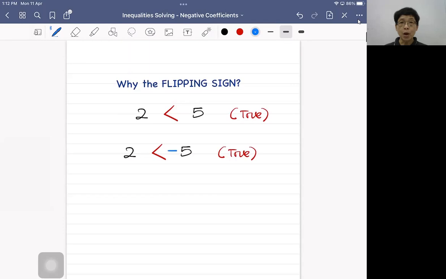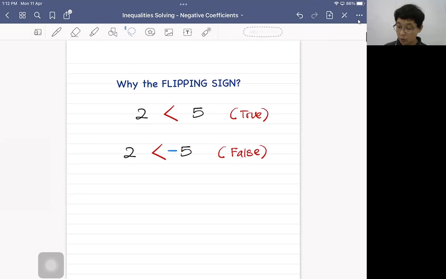And all of us will know that, oh no, that's no longer a true statement. So therefore, this has completely changed the case, and this is now a false statement.